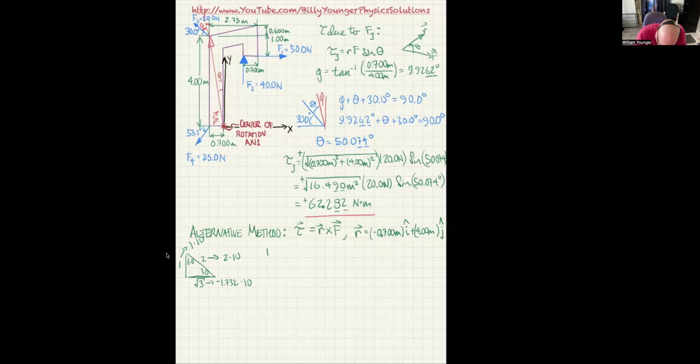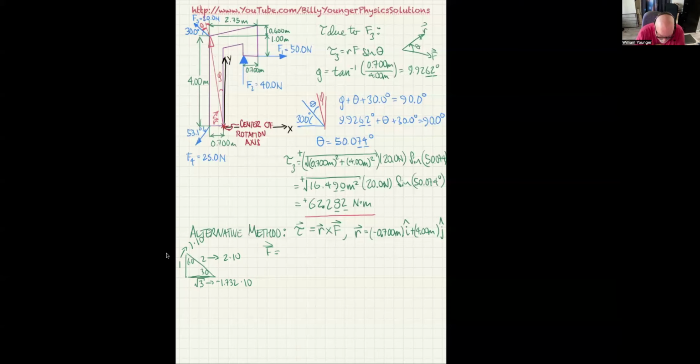But I'm going to use this result from remembering my special triangle. The F will obviously have a positive y component because it goes up and the y-axis points up, and it has a negative x component because it goes to the left and the positive x-axis goes to the right.